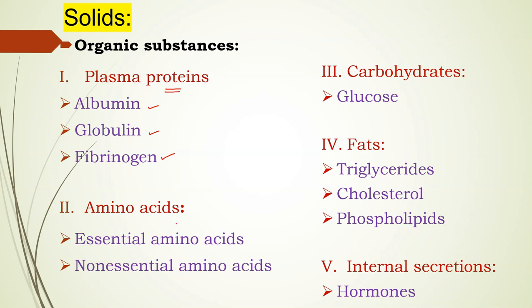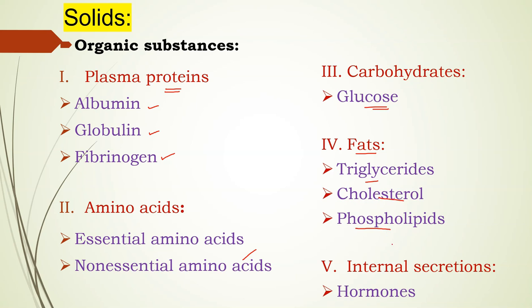The second category of organic substances is amino acids. Both essential and non-essential amino acids are present. We'll observe the presence of glucose in the blood because glucose dissolves in the blood and supplies all the other tissues. And fats: we'll observe triglycerides, cholesterol, as well as phospholipids.